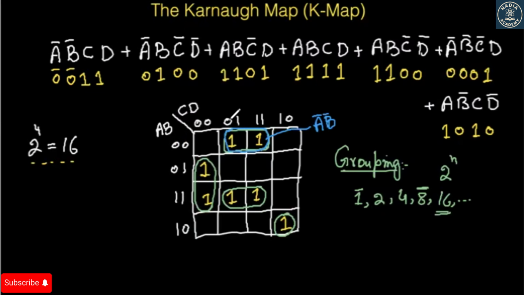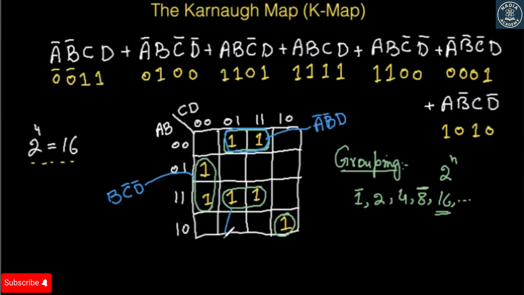And now look, the value of C changes from 0 to 1, so this will not be included. D value is 1, so D is included. Now in this loop, our A value changes, so out. B value is persistent, which is 1, so we will have B here. C and D both are 0 and persistent, so C bar and D bar.